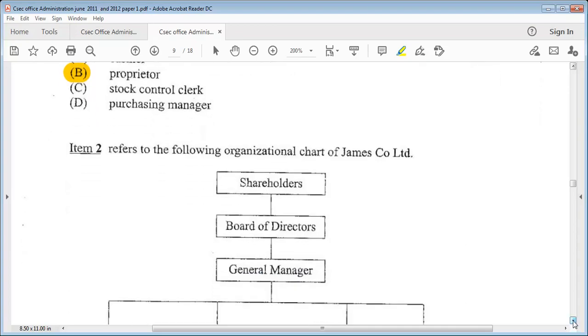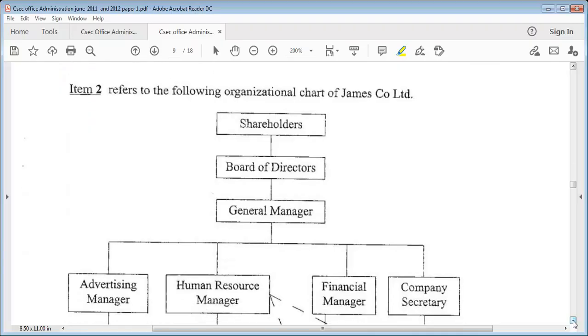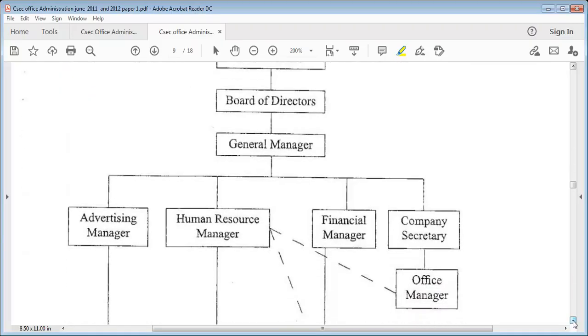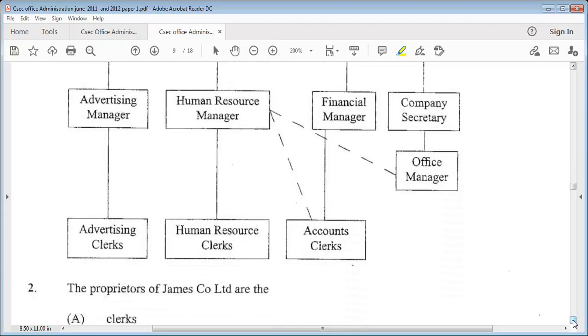It says, item 2 refers to the following organizational chart of James Co. Limited. We have shareholders, then our board of directors, then general managers, then the advertising manager, human resource manager, financial manager, or company secretary, and then our advertising clerks, the human resource clerks responsible to the human resource manager, and the accounts clerk as well as the office manager all report to the human resource manager.